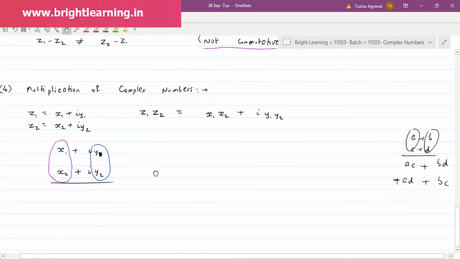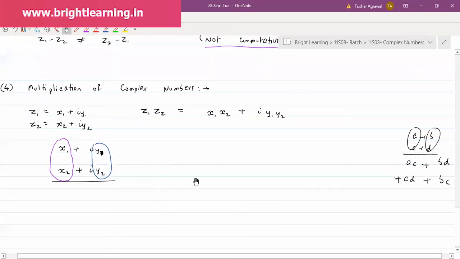So I will define my multiplication in such a way that my original target, the distributive law, is satisfied. In order for the distributive law to be satisfied, what would have been the answer?